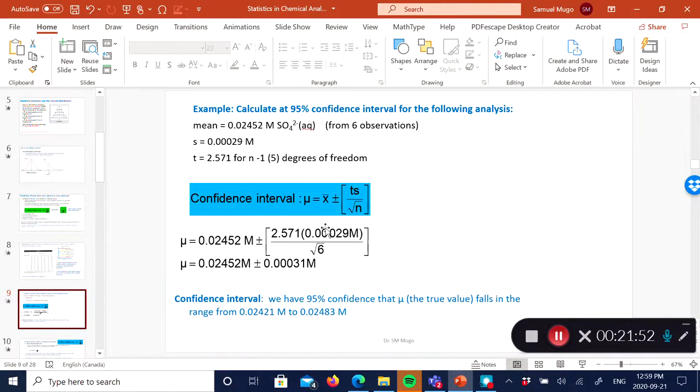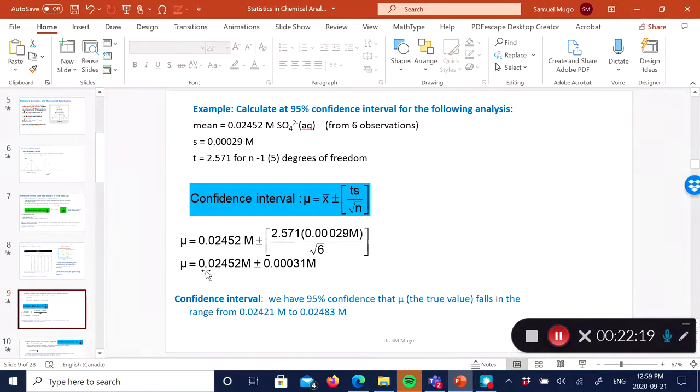And then after that, I can simply substitute those numbers into my confidence interval equation. The X bar, that's the mean. The T is what I got from the table. And I've got my standard deviation, it's already determined. And then the root of n, the number of measurements, equals 6.